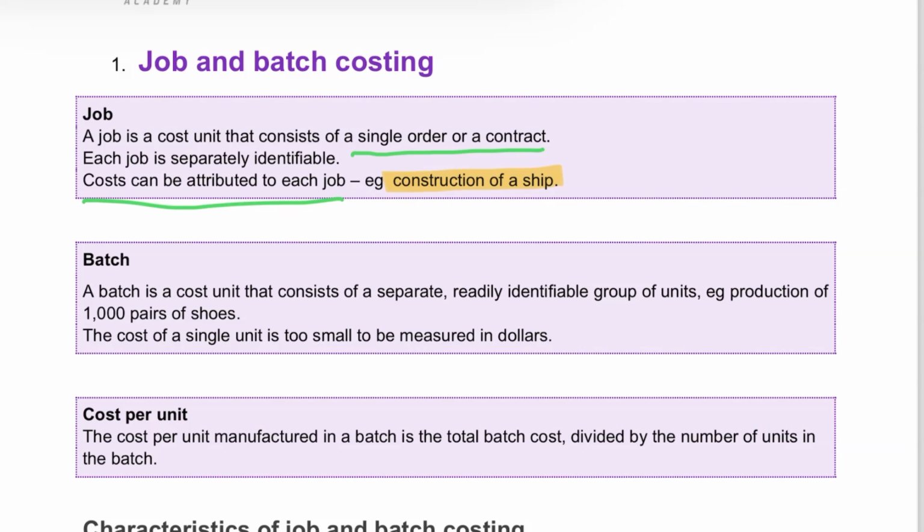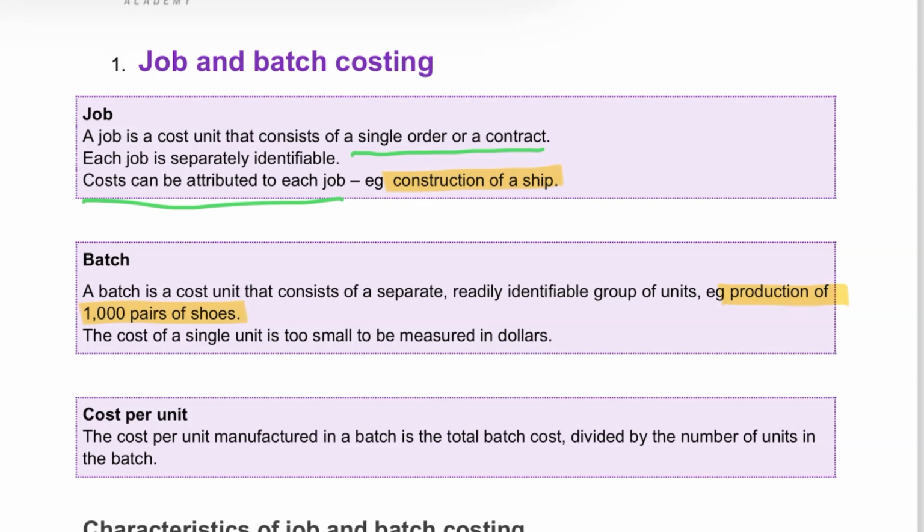A batch is a cost unit that consists of a collection or group of separate units for which cost is incurred. So sometimes we don't always produce something as a single unit. Sometimes we produce it as a batch. For example, production of 1,000 pairs of shoes might happen in a batch.